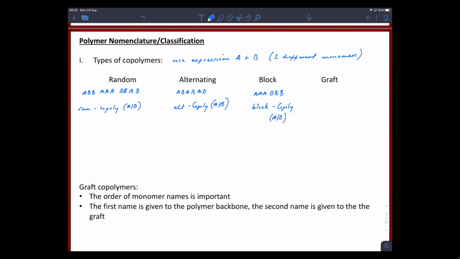Hopefully you're getting this now. All right, it's fairly straightforward. And then the graft is just A, where we have the single backbone there, and then we can have B coming off it. So that would be graft copoly AB.